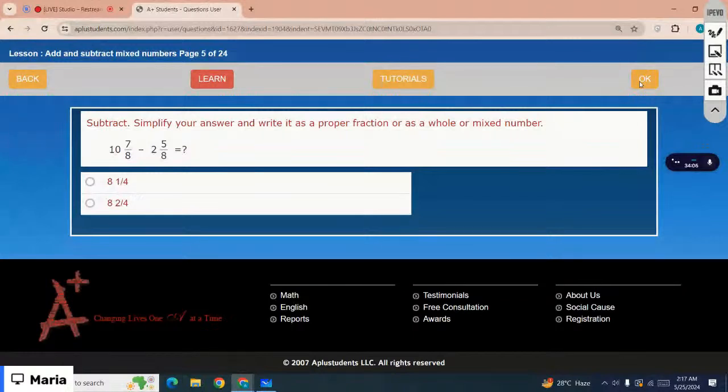The next one is subtract 10 whole 7 over 8 minus 2 whole 5 over 8.